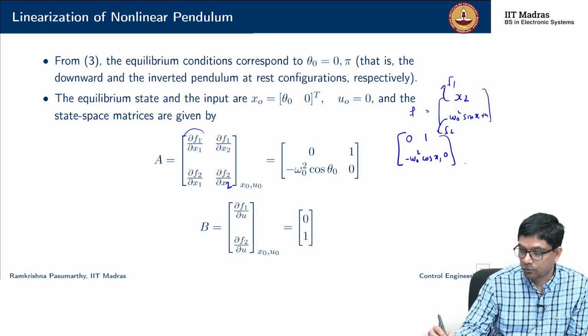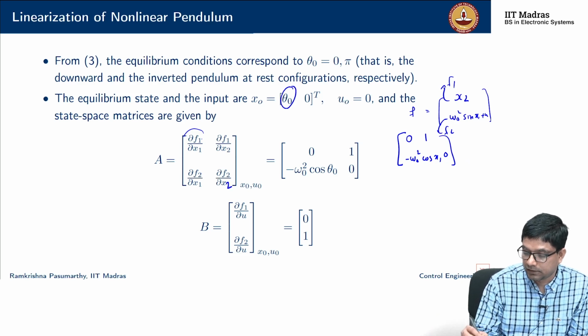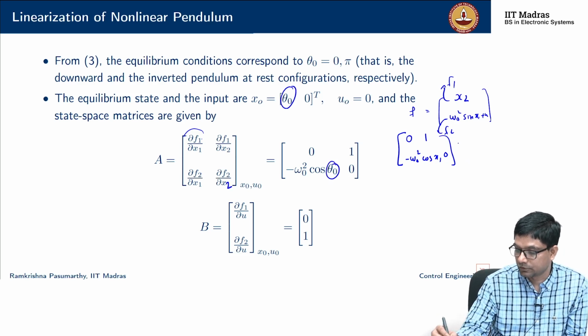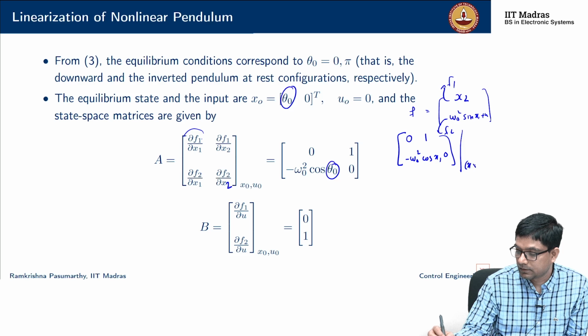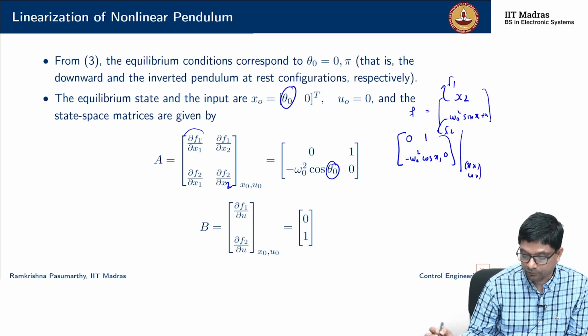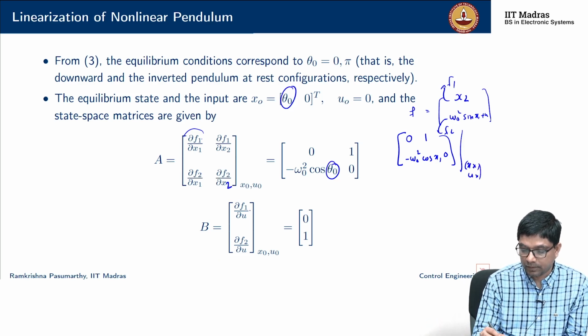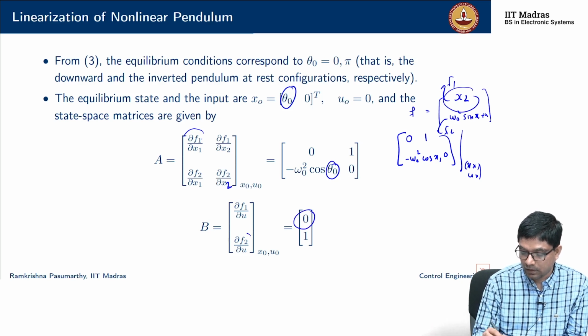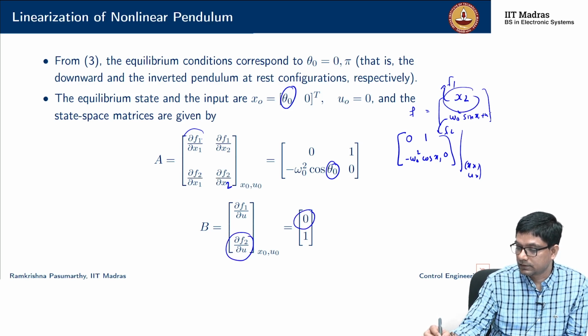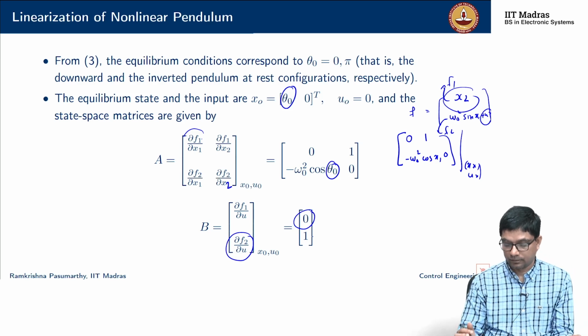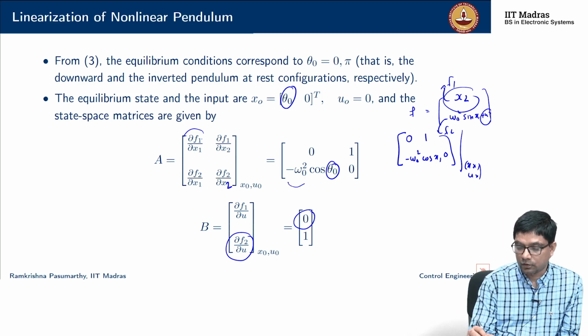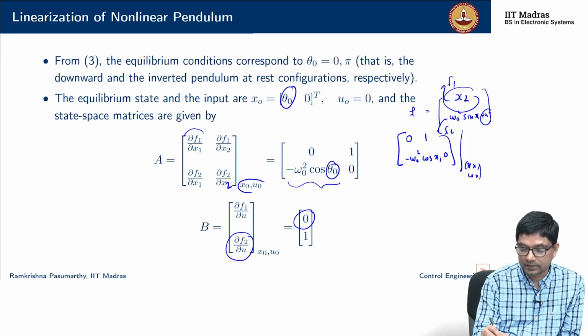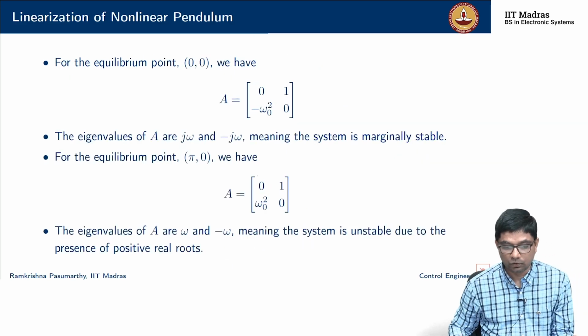Now I am looking at some arbitrary position theta naught, so I just substitute. All this I compute at x* and u*. Similarly, B will be the partial of f1 with u. There is no u term here, so this will become 0. The partial of f2 with u, there is this u term here, so this will become 1. So all these now are constant matrices because I am evaluating this at x naught and u naught.